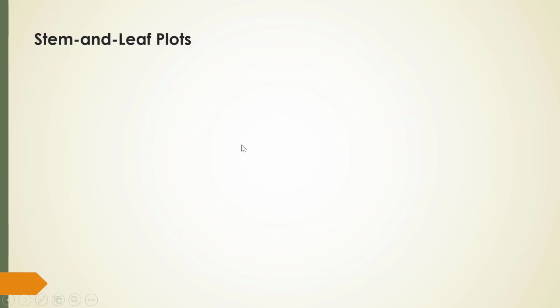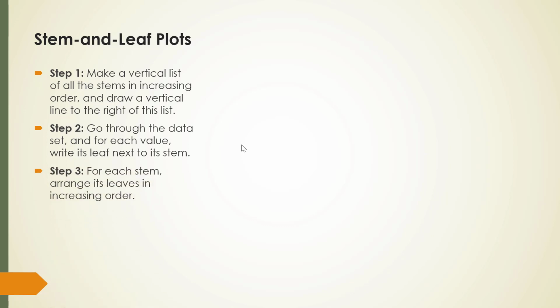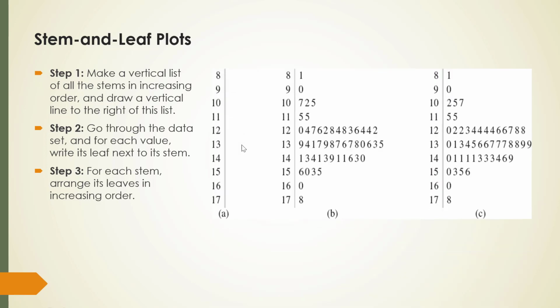The way we construct stem and leaf plots is, first, we make a vertical list of all the stems in increasing order and draw a vertical line to the right of this list. Step 2, go through the data set and for each value, write its leaf next to its stem. Then for each stem, arrange its leaves in increasing order.